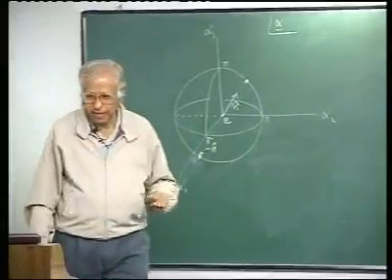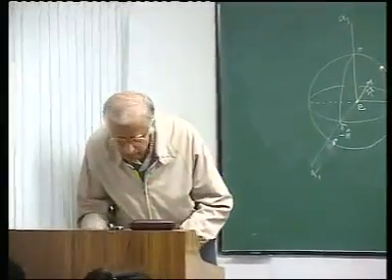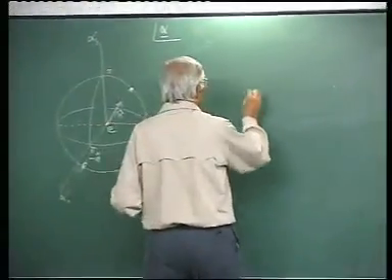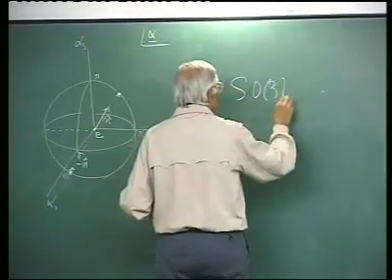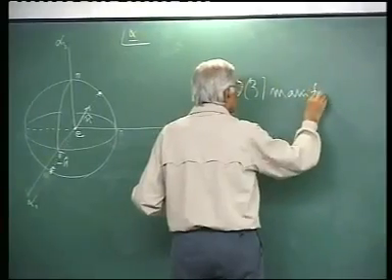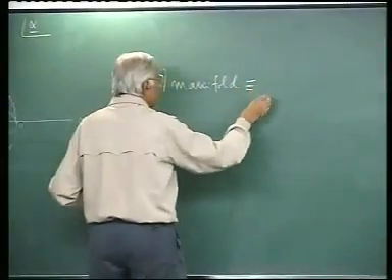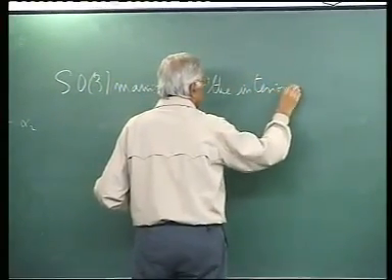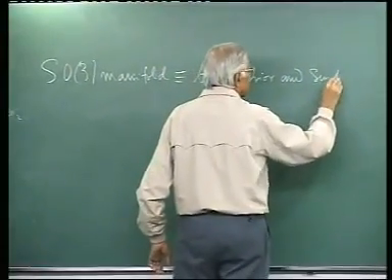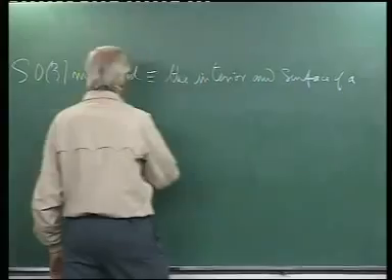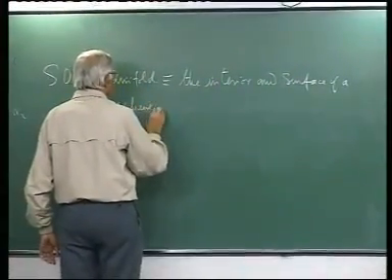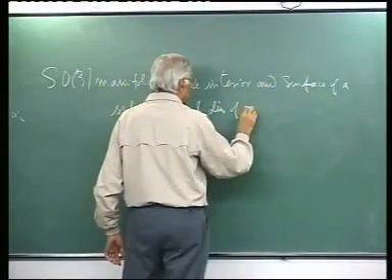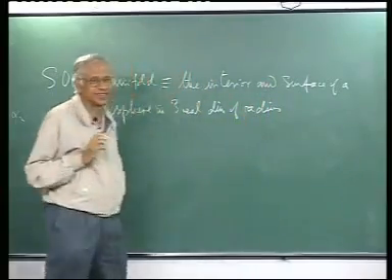So what does this mean? You see that the manifold of the group SO3, let me write it, SO3 manifold, is the same as the interior and the surface of a sphere in 3 real dimensions of radius what?